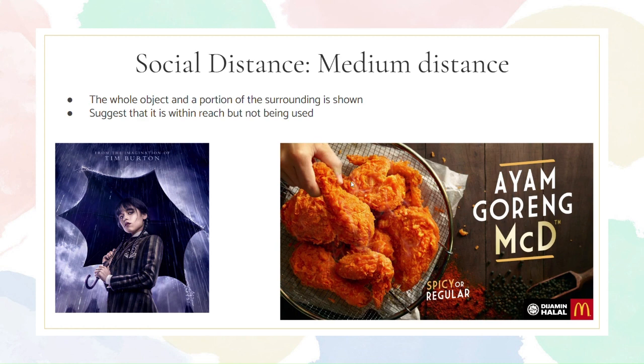This shows the image of a close-up, we can look at it, but it is not within reach, which means that it doesn't look big enough for us to actually get it. And we can see the crumbs at the side, and the spices as well as a little information about it. Now, this is considered medium distance because it is a little further from the close-up just now.